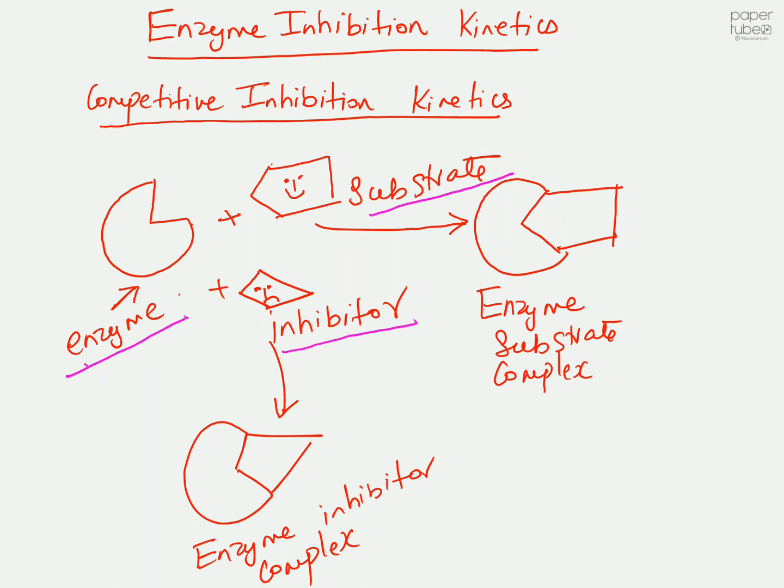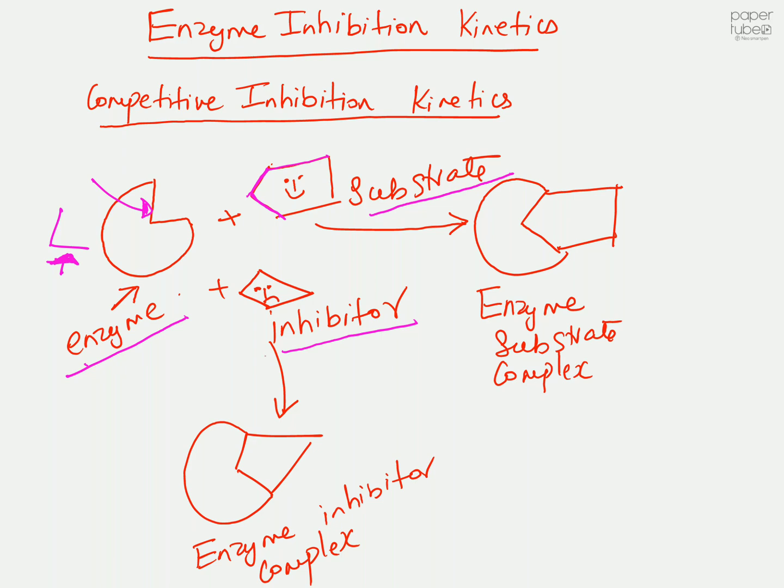If you look at the structure, you have an enzyme, and then you have a binding pocket here, almost like a triangle shape, something like this. And then you have a substrate that has a molecular structure which can exactly fit into this pocket of the enzyme, or we can call it the binding site on the enzyme.